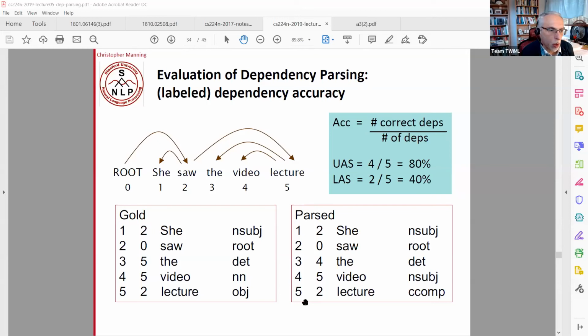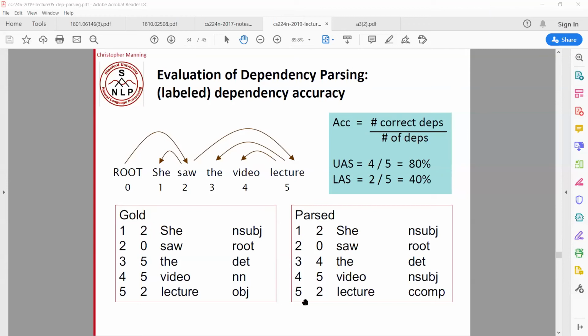Does anybody know what gold and parsed means in this case? Yeah, the gold is the reference and the parsed is what you generate. Okay.